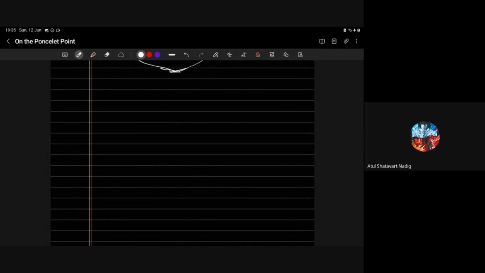Now some results on rectangular hyperbolas. Theorem.